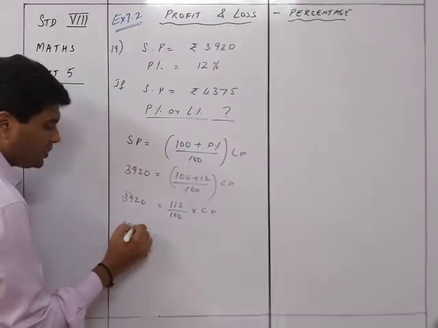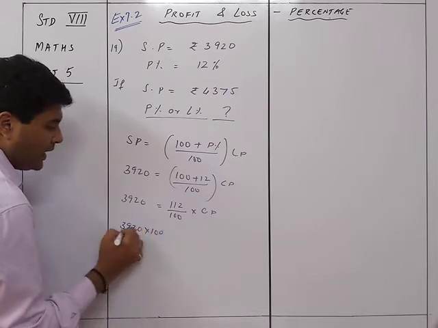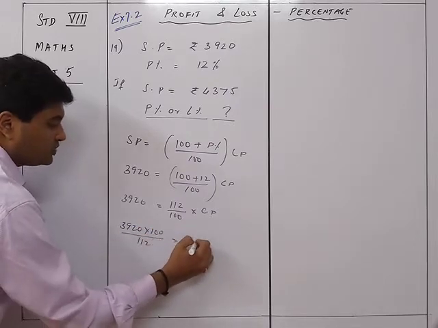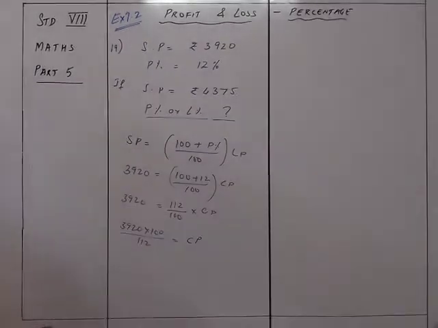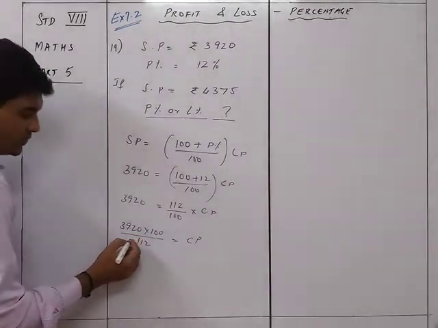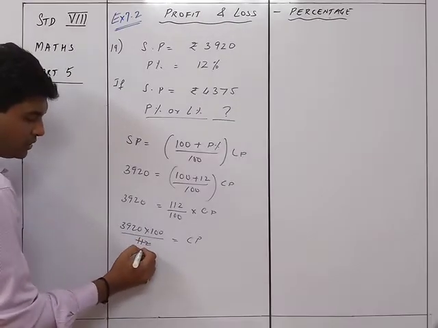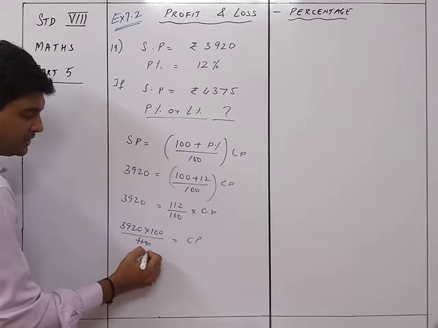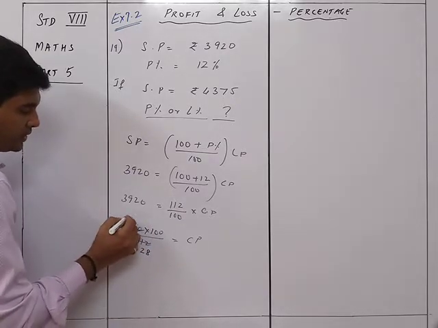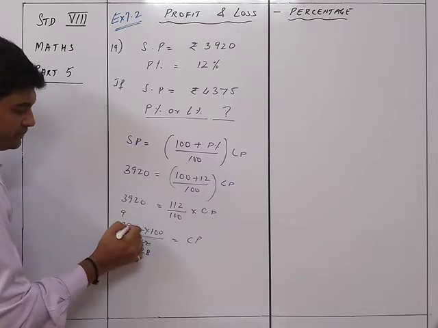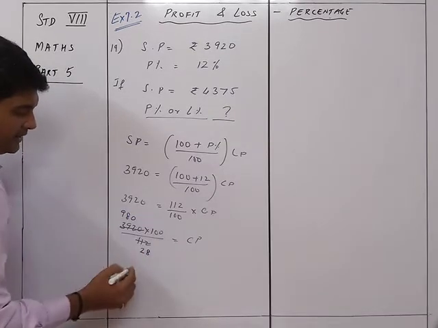Accordingly 3920 into 100 upon 112 is equal to CP. So we can find out CP by dividing. We divide it by 4. 4 2s are 8 and then 32. 4 8s are 32. And this will be 4 9s are 36 and then 32. So 8 and 9, 80.